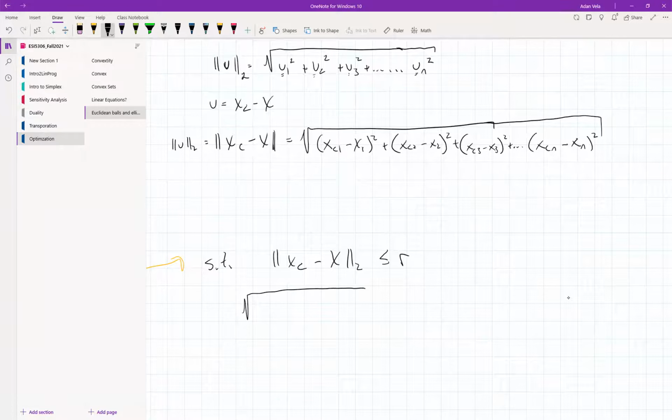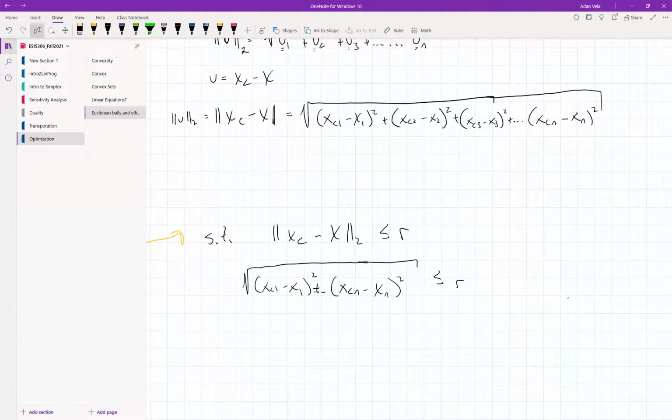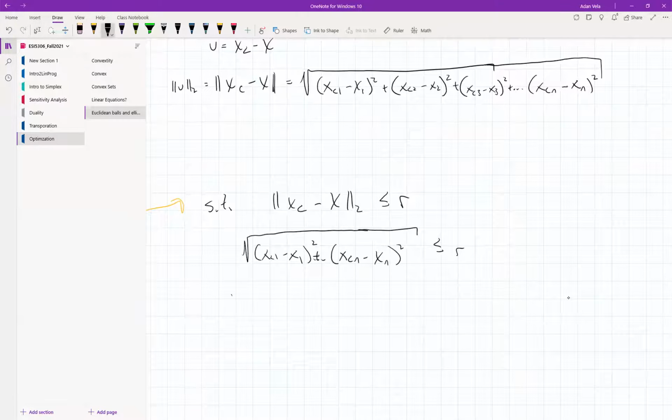It just makes things a little bit uglier. So I'm going to shorten the notation. I'm not going to write out all the x's. So we could write that. Now, to make life a little bit easier, we could just square both sides. So we end up with the following.